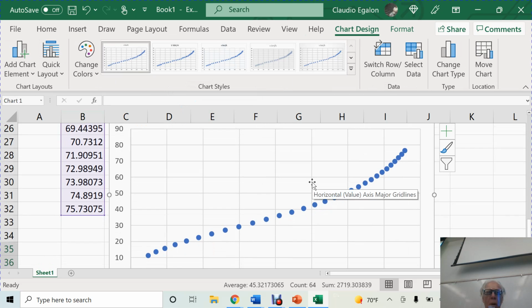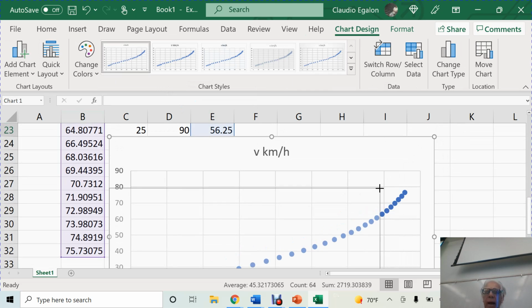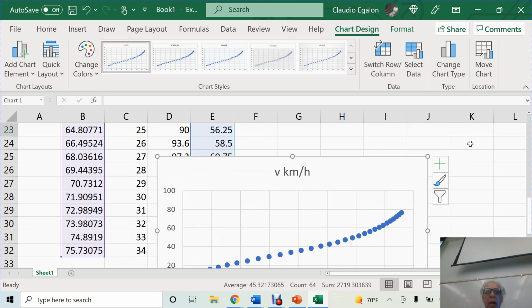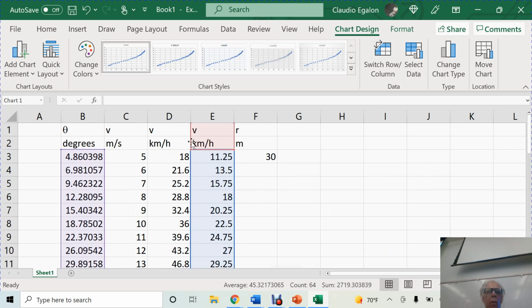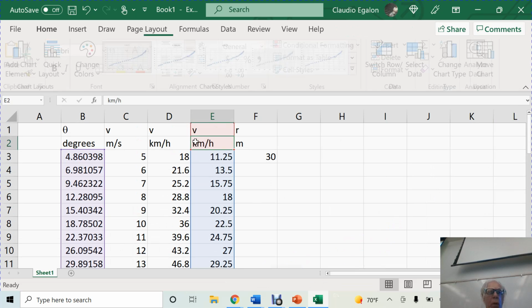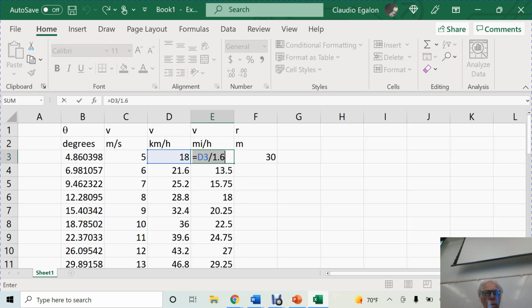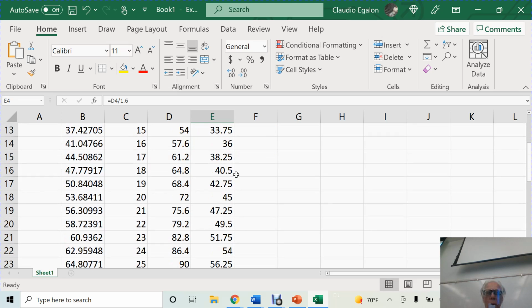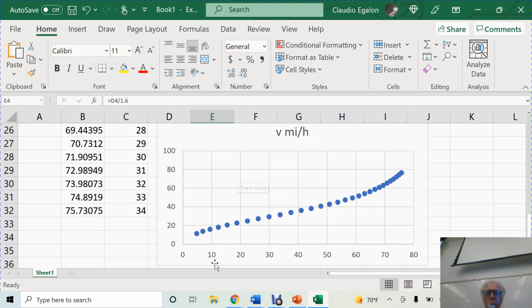Okay, so here we go. That's how it looks. It's not kilometers per hour, it's miles per hour, because I changed it to miles per hour. Angle in degrees.